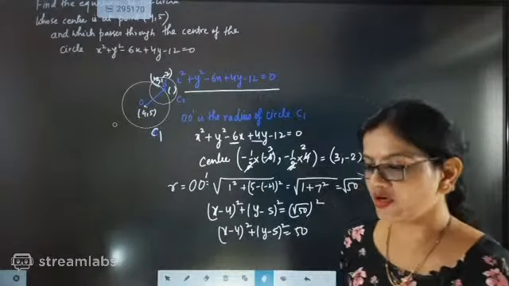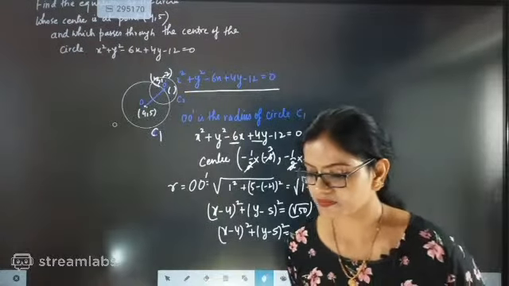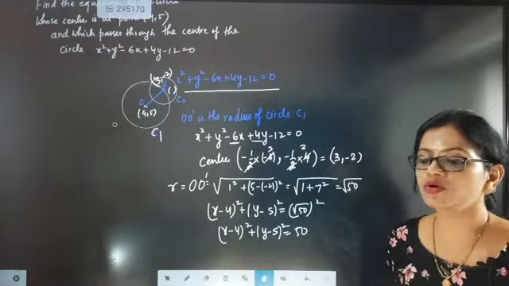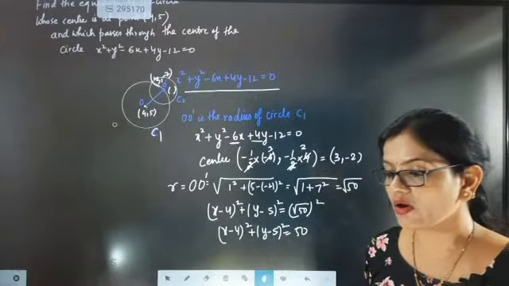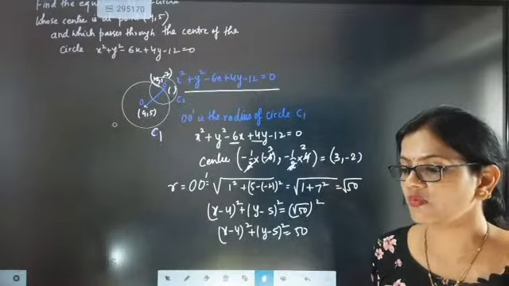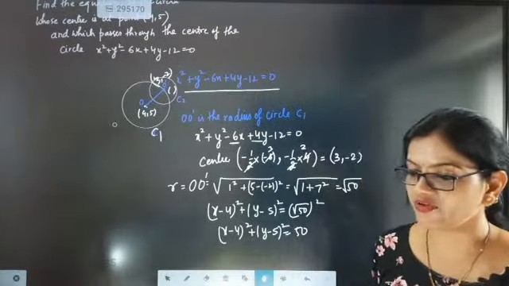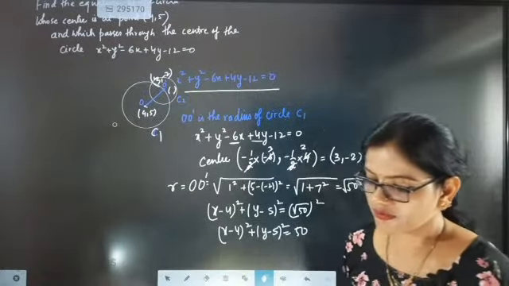Come on, quickly tell me you understood this one. Understood nicely? Anyone is having any doubt, quickly ask, beta, I'll clear your doubt. Quickly say. Gautam understood, others, Pooja, Shreya, everyone, Aparna understood, beta? Very good.